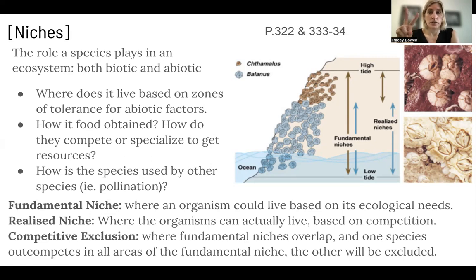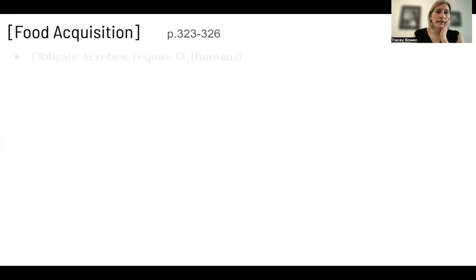And so with two species, one species outcompetes the other in all areas of the fundamental niche, which then means the other species can no longer live in any part of its fundamental niche and will be excluded from that ecosystem. And that might lead to extinction or pushing that species out of that ecosystem entirely.